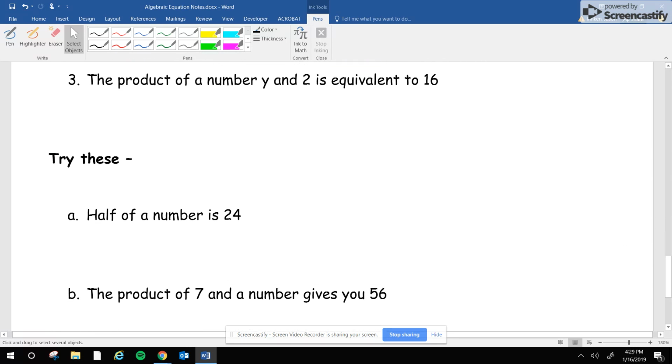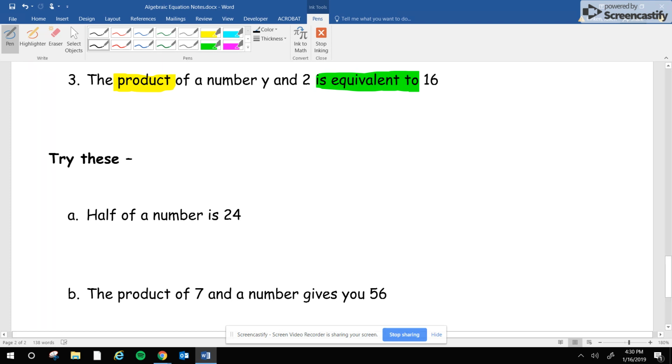Okay, number 3. We use the word product. And then our equals word is going to be is equivalent to. So product means multiply, the answer to a multiplication. So we're going to multiply y and 2.